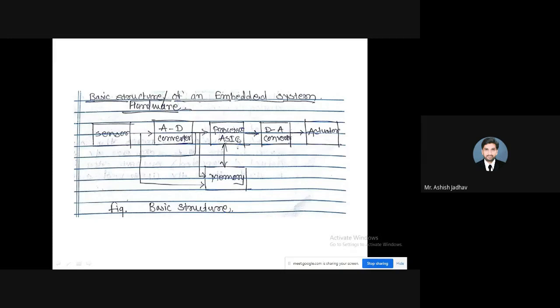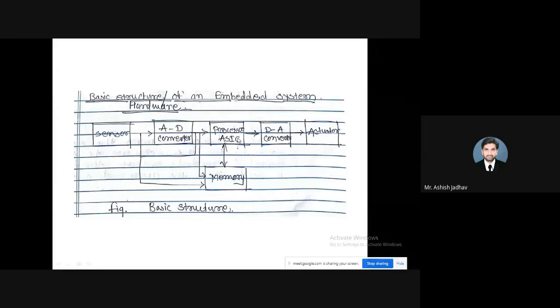This output is given to the digital to analog converter, which will convert that digitized data into analog signal. This analog signal is required to actuate the actuator. Actuate the actuator means what? Suppose you are using a relay, or a driver IC.